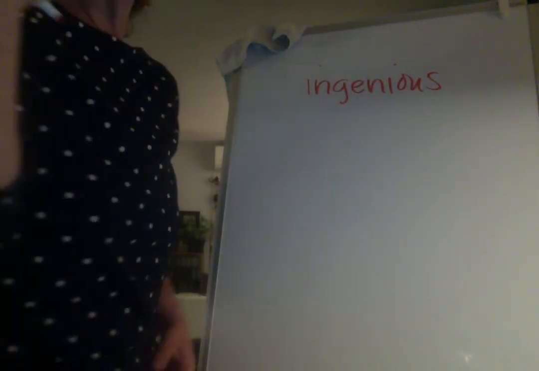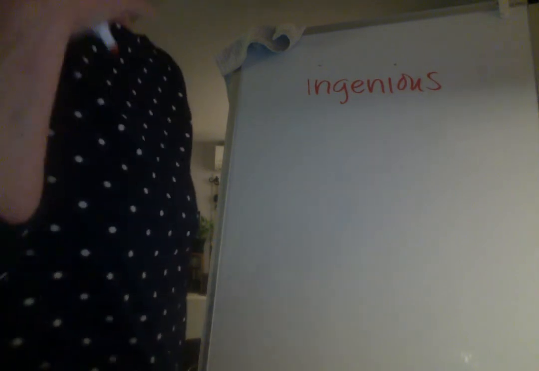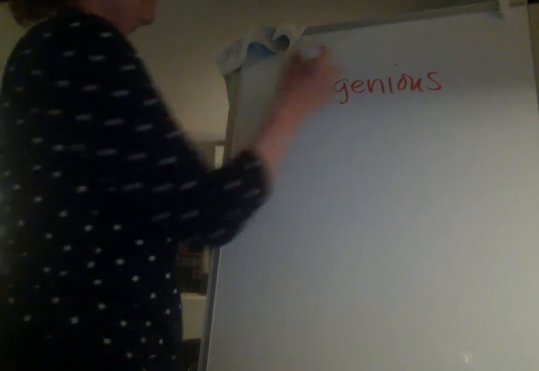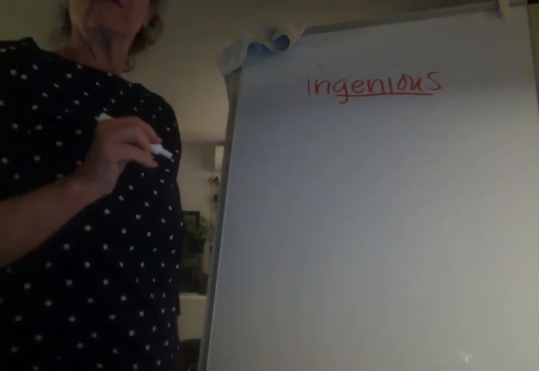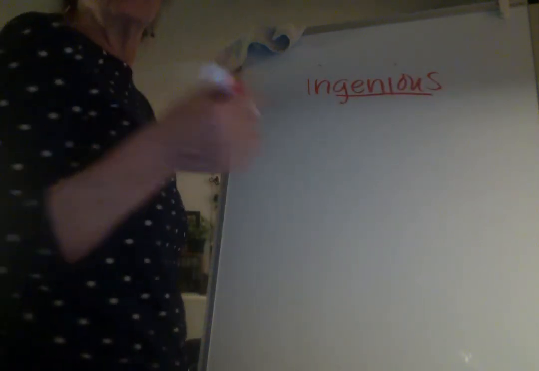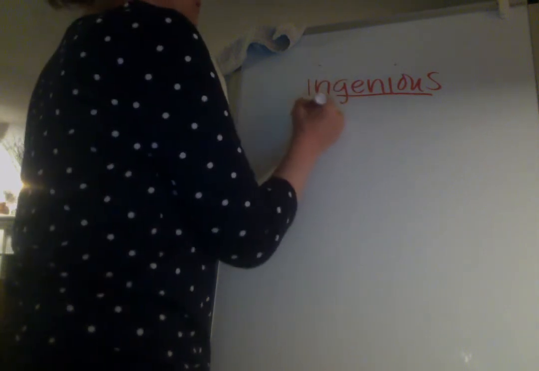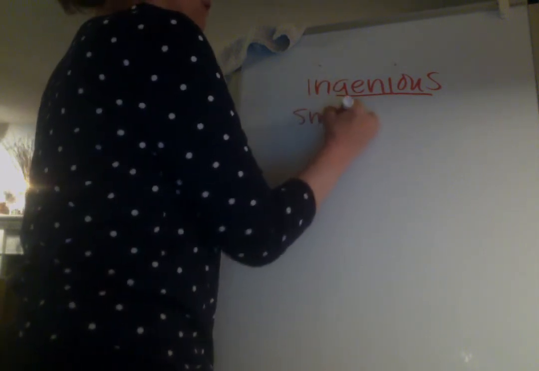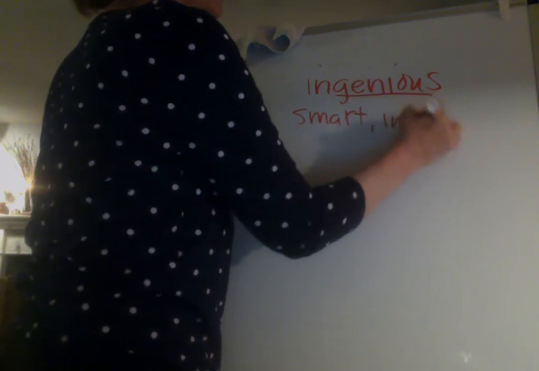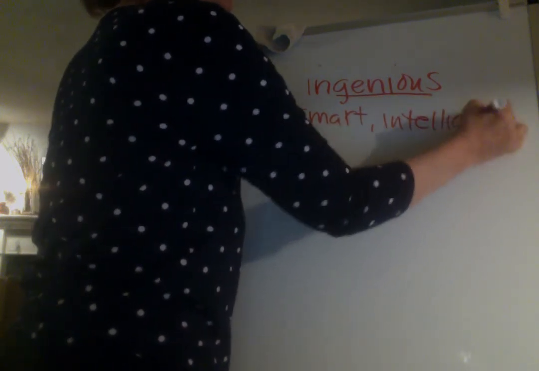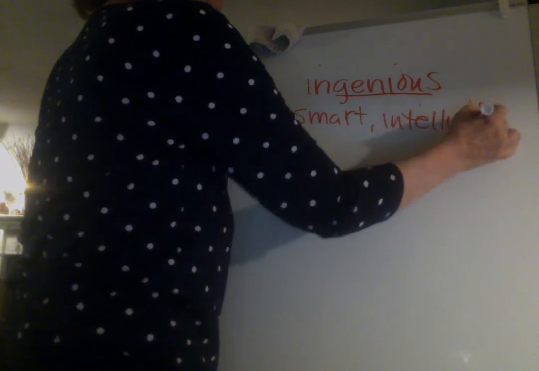What word is there that makes you think of another word? You might say, well, I see the word genius in there. And what's a person who's a genius? A person who's a genius is somebody who's very smart, very intelligent, very clever.